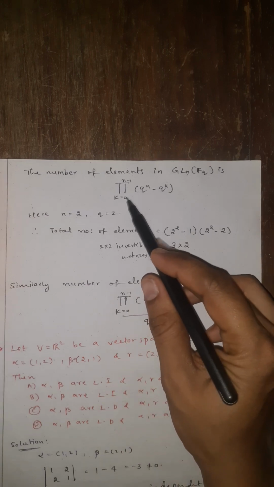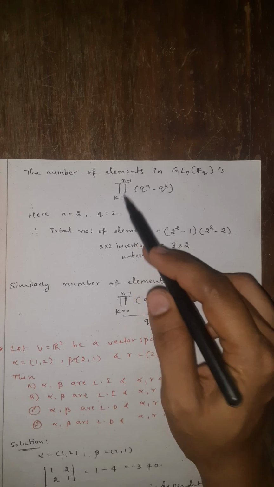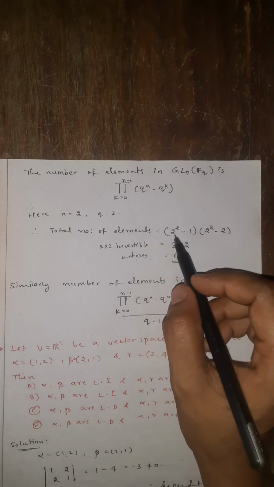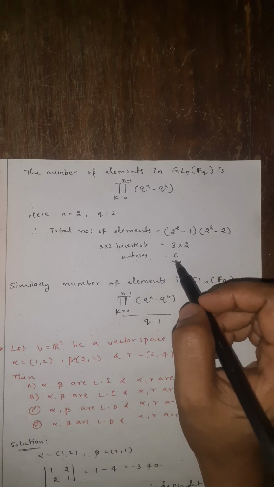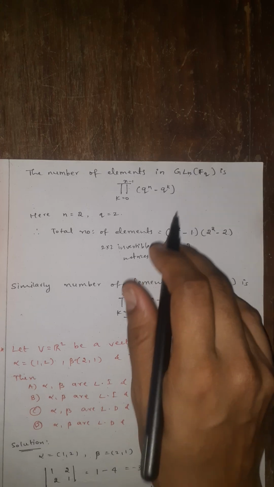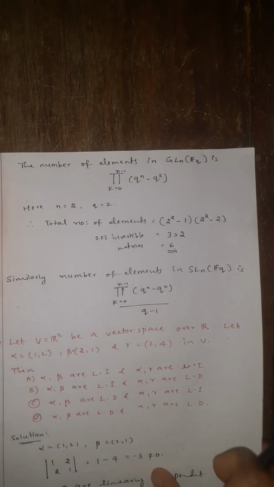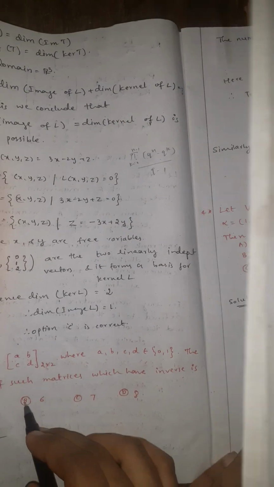Here k goes from 0 to 1. For k equal to 0, 2 square minus 1. For k equal to 1, 2 square minus 2. Simplifying, you will get 6. So there are 6 matrices which have an inverse.